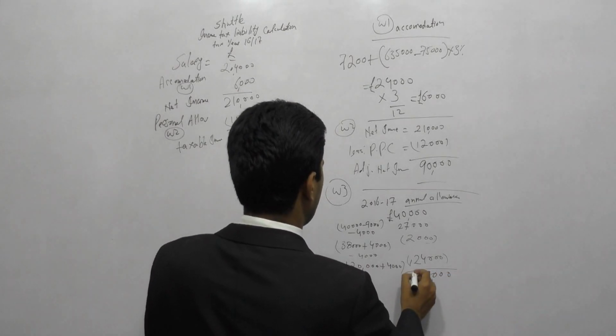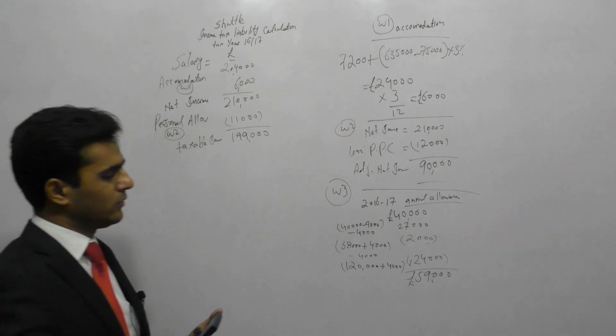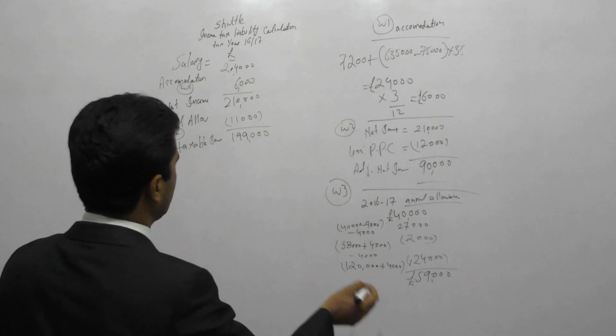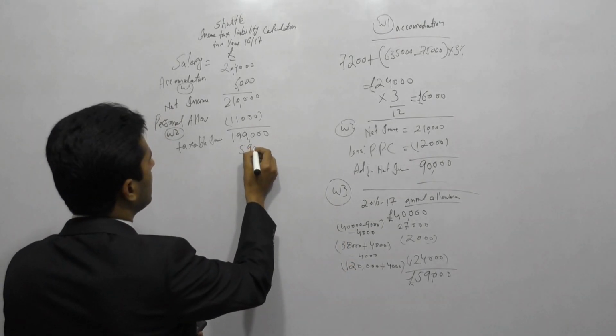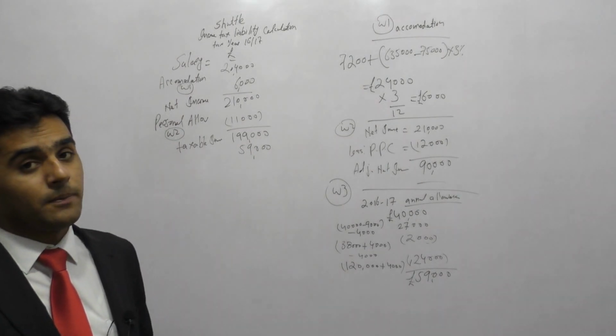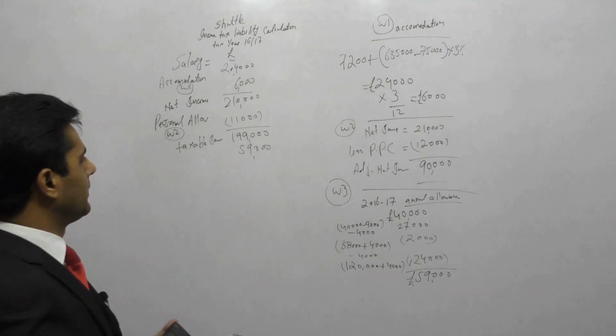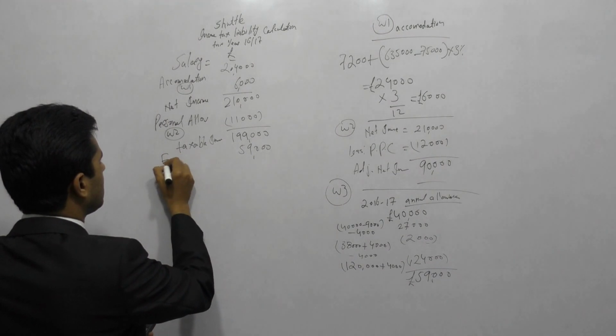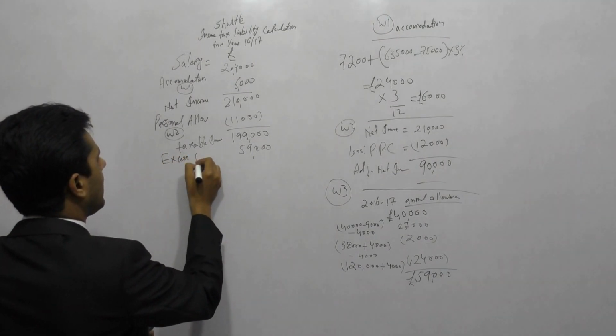That is the amount by which he has exceeded the allowance, so this £59,000 will also be taxable. We'll add it here. Remember that excess pension contribution will be taxable as non-savings income. That is the reason I put it here. So £59,000 is excess pension.